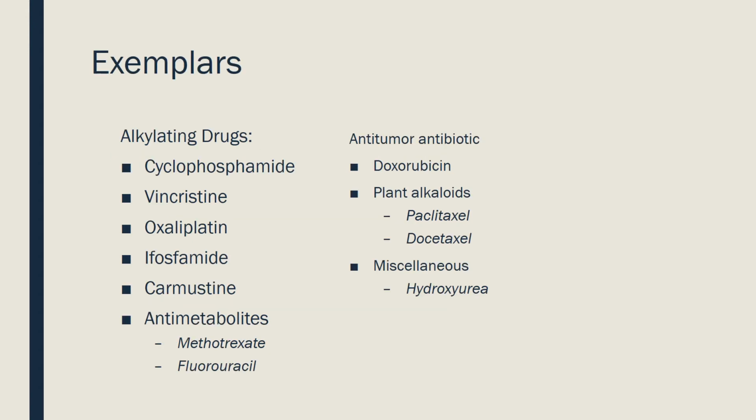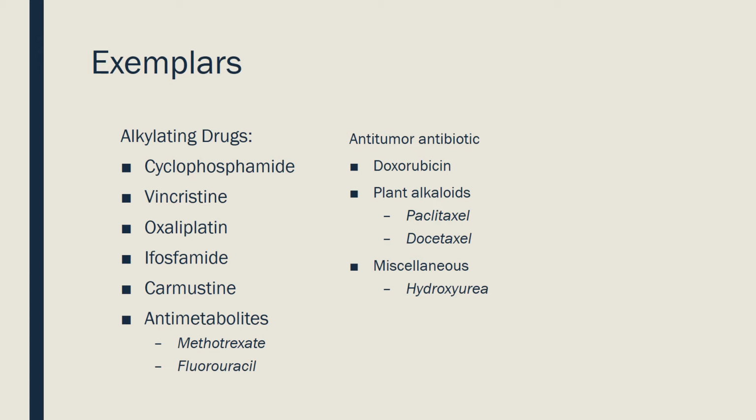So these are our exemplars for this unit, and I tried to fix these so that they would be in some order other than the way they are in your syllabus, so that you could make some sense of them. But our first group of medicines are our alkylating drugs.